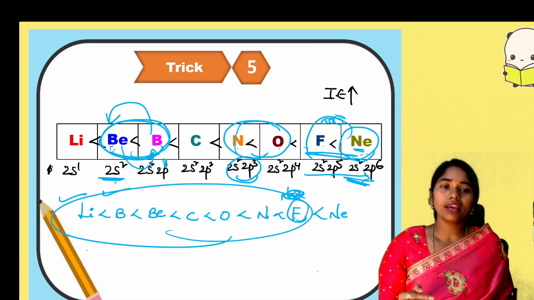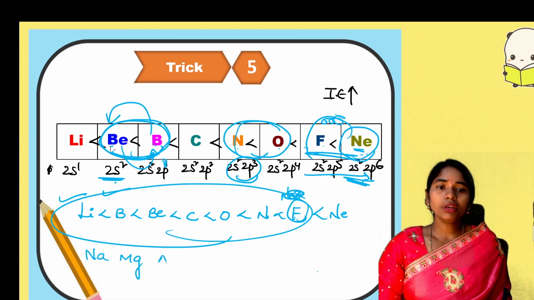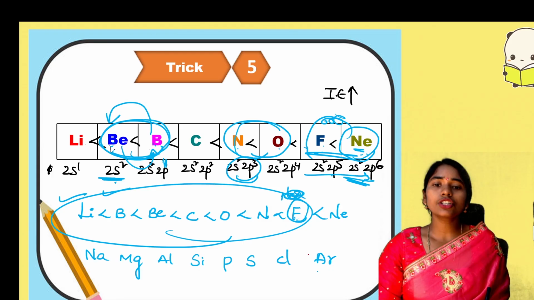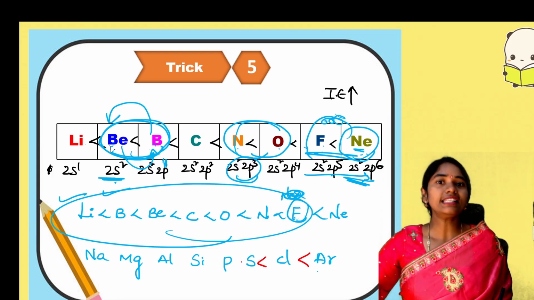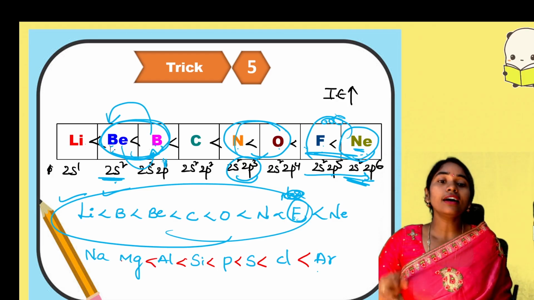In the same way, down the period: sodium, magnesium, aluminium, silicon, phosphorus, sulfur, chlorine, argon. Then what do we expect? Left to right, ionization energy should increase. So this is the expected order. But what is happening here? There are two changes.